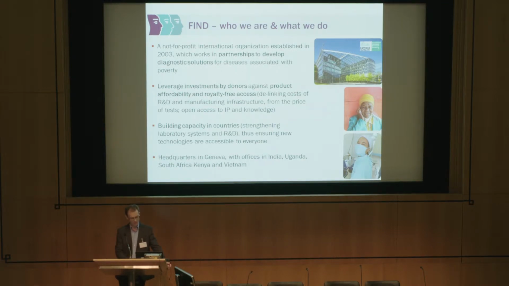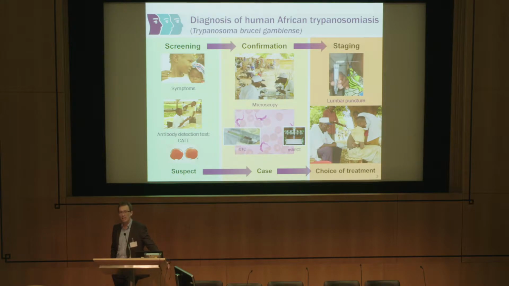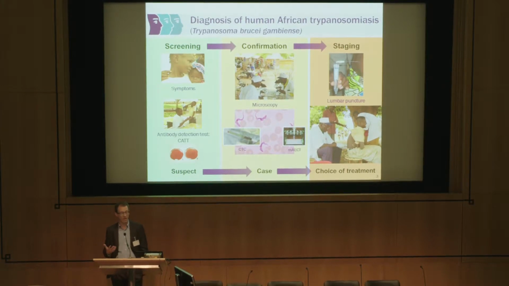So I'll now move more specifically to the topic of this talk. On this slide, I've tried to summarize the key steps in the process of diagnosis of HAT. Diagnosis of this disease is still today quite complex. It involves three steps. First, screening to identify suspects. Symptoms are not very specific, so they have a limited value for screening.